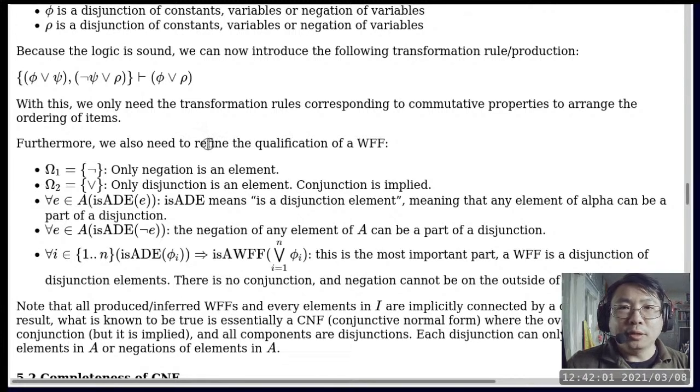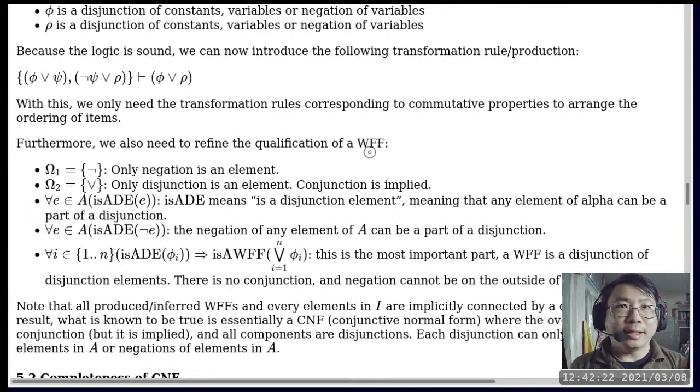So we are moving on to redefine what we see as a well-formed formula. In other words, we are only taking a subset of what used to be considered a well-formed formula. We take all of those well-formed formulas and say, this is too general. We'll restrict to a smaller set.